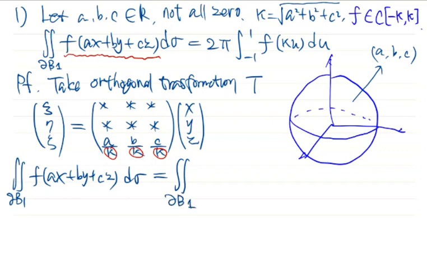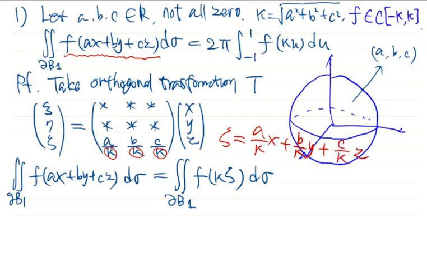And ax plus by plus cz becomes f(kappa zeta). By the definition of this transformation, zeta is (a over kappa) x plus (b over kappa) y plus (c over kappa) z. Therefore, ax plus by plus cz is kappa zeta.